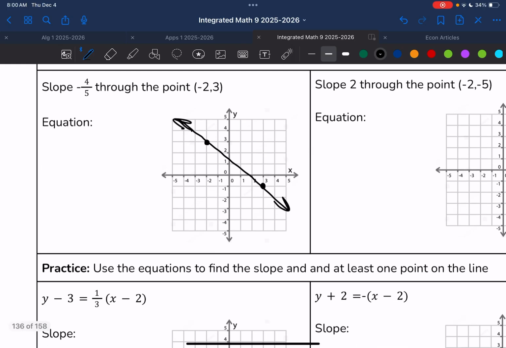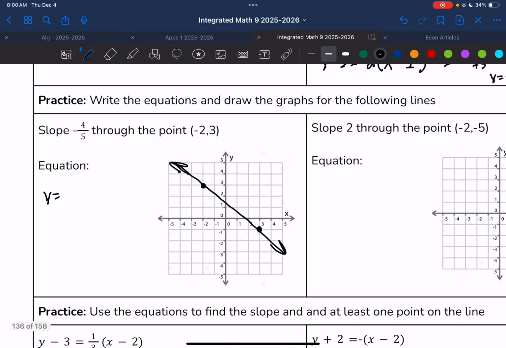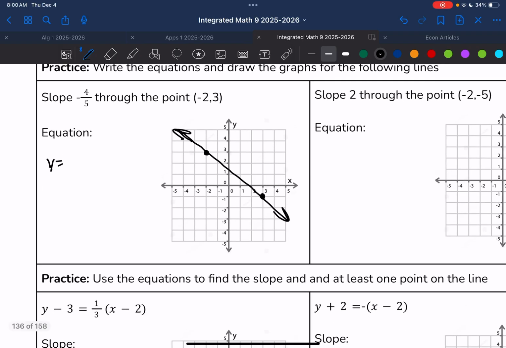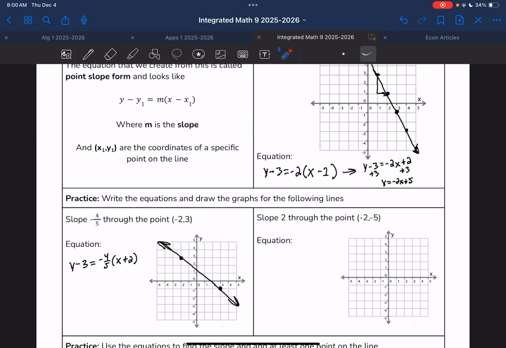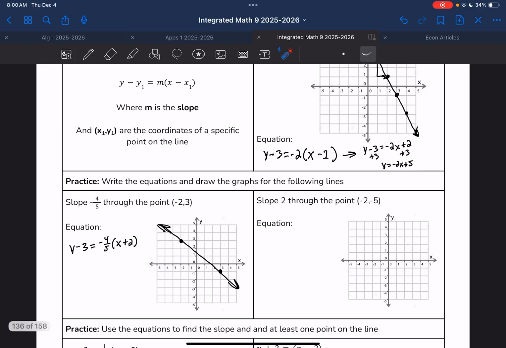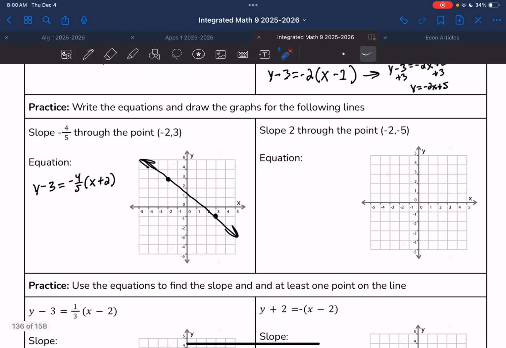And so the equation for that is going to be y minus 3 is equal to -4 over 5, x plus 2. And now you might notice that this is a positive, and that's because our x1 is negative, and we also have a negative in our formula. So again, when we have a minus a negative, that becomes a positive, so that equation would show up like that.